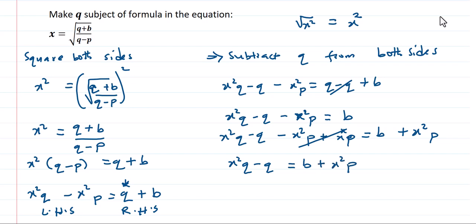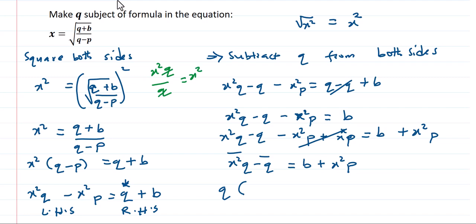The next step is to factorize here. If you factorize here, it simply means that what is common here is q. Q is common here. Then you have to divide each of these elements by q. If you have x squared q divided by q, the q's cancel out and then you are left with what? x squared.